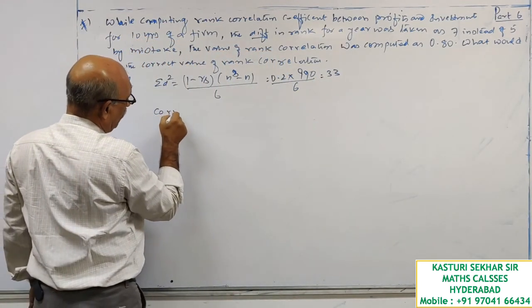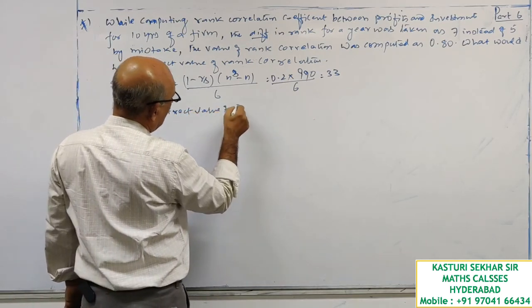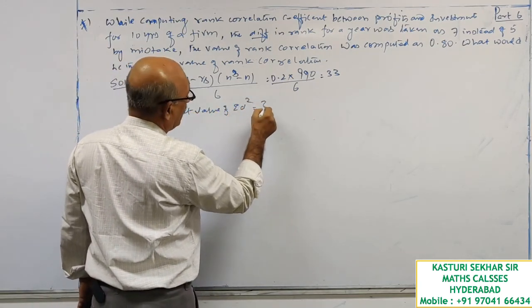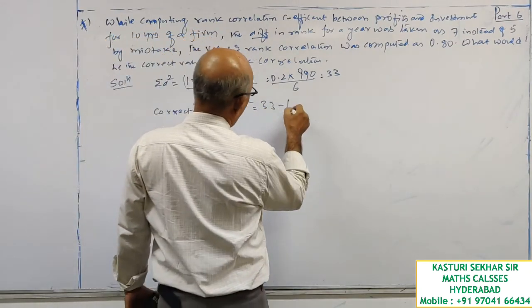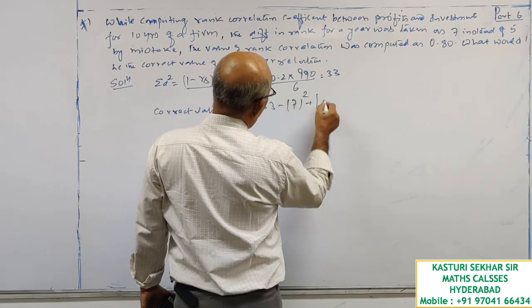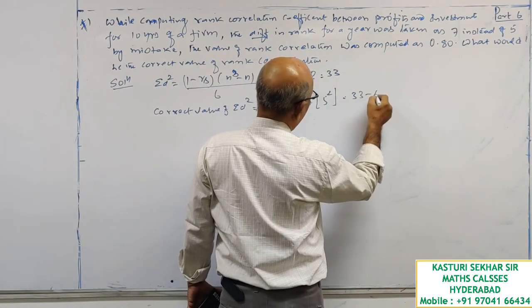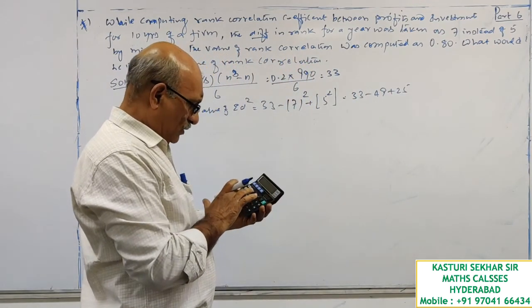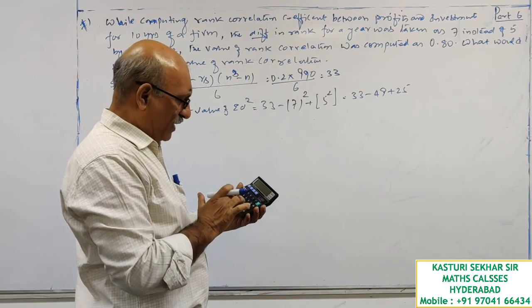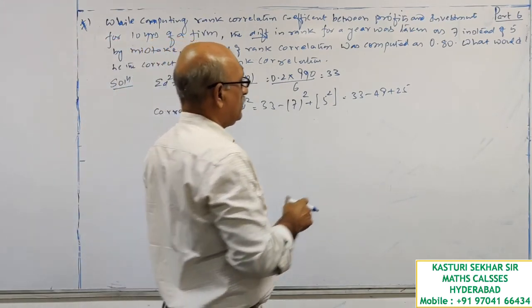So the correct value of summation of d square is 33 minus the square of the wrong value, 7 square, plus the square of the correct value. This is 33 minus 49 plus 25, which is 9.